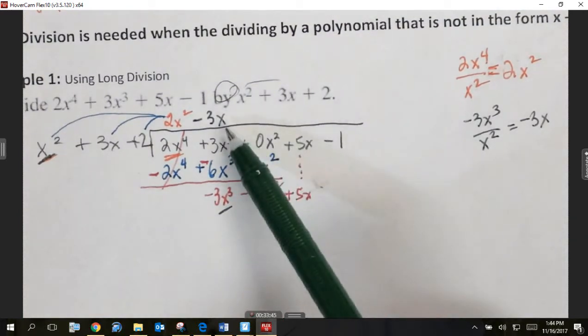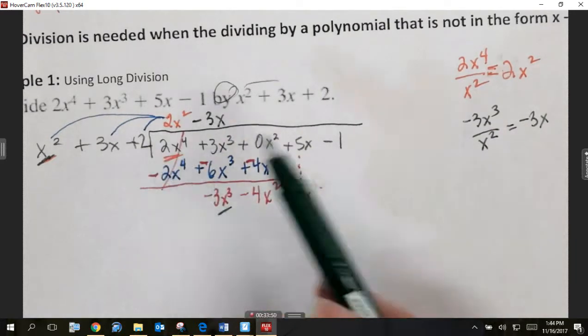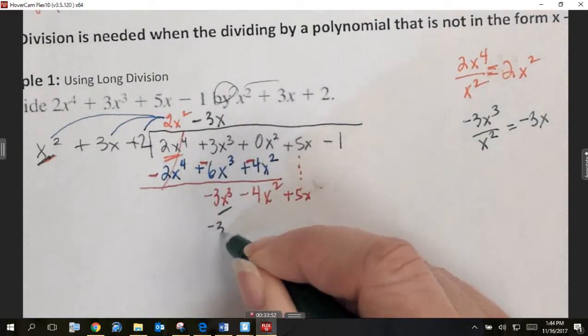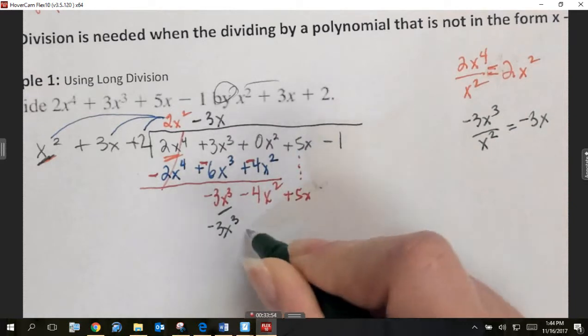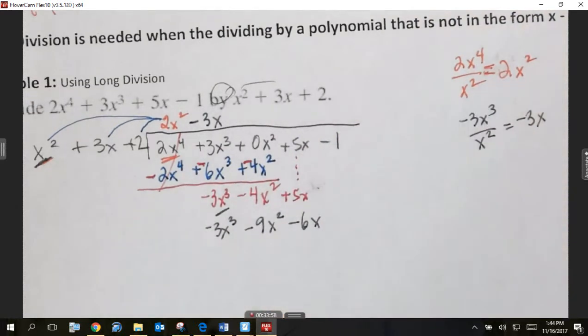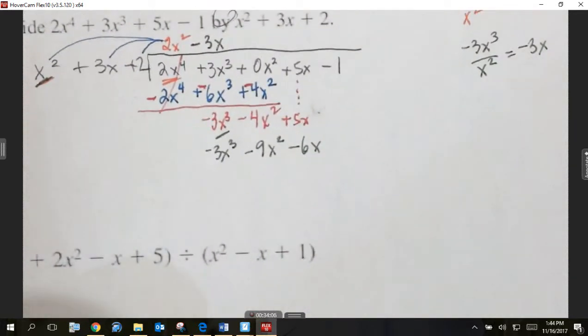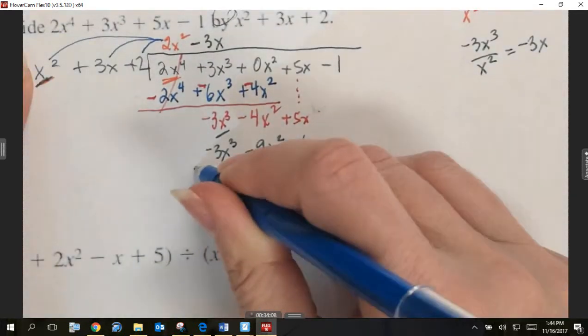Okay. So after we divide, then we multiply, and you're going to distribute it. So I'll get negative 3x cubed minus 9x squared minus 6x. Then we subtract.